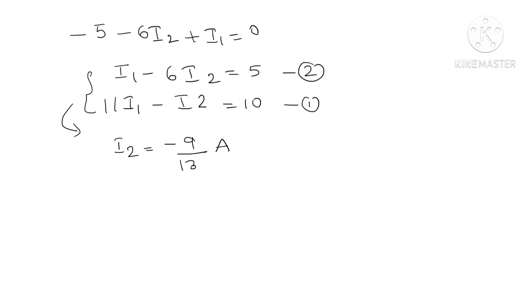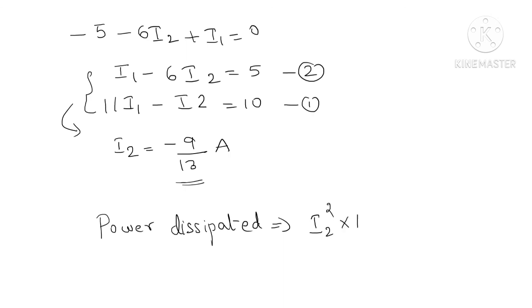So it is 9 by 13 amps the current, and the power which is dissipated in this 5 ohm resistor is given by I2 square into R. So I2 square into R is 9 by 13 square into 5.